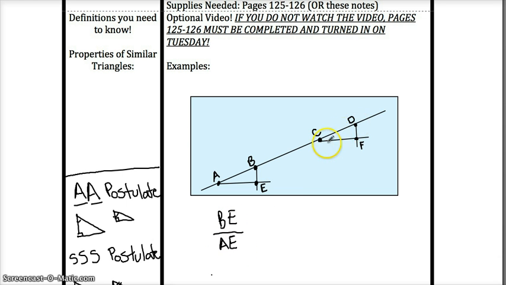And then this guy, CD, our slope between C and D is going to be, the rise would be DF, because here's the rise, and then our run would be CF, sorry, CF.